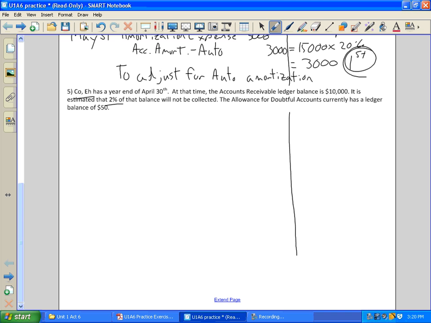Okay, so just bear with me here for a second. Your ledger account for your accounts receivable is going to be $10,000. Okay, it's a debit balance. It's after all the transactions have been taking place over the course of the fiscal year.